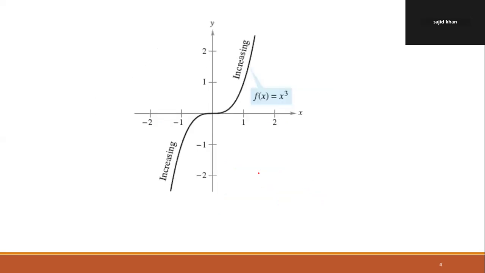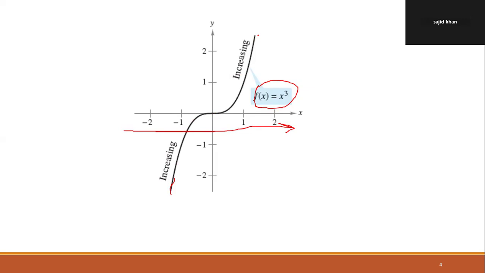Now consider the graph of y is equal to x cube. What is the domain of x cube? The domain is the set of all real numbers, and the range is also the set of all real numbers, and you are familiar with this graph. In the direction from minus infinity to plus infinity, the function values increase, from negative, approaching zero, and then towards positive y-axis.